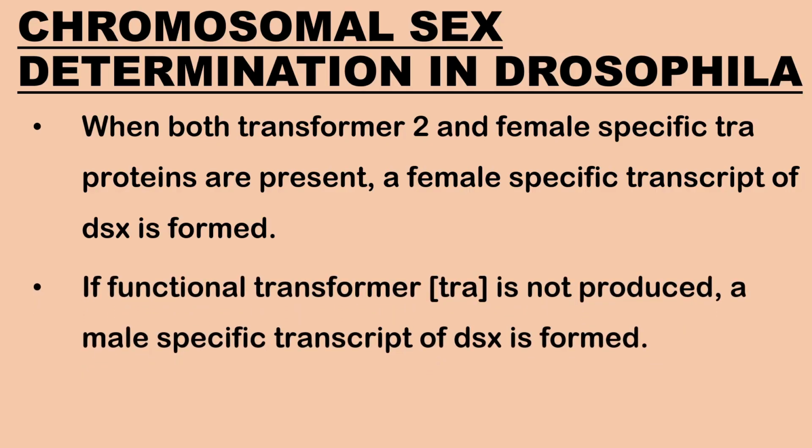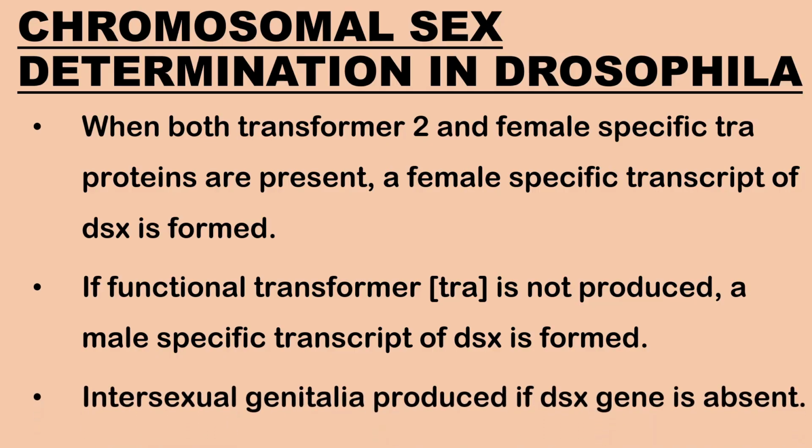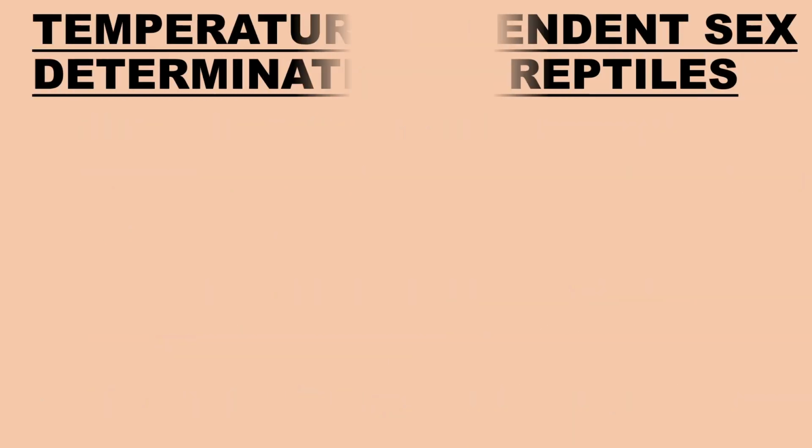If functional transformer TRA is not produced, the transcript encodes a protein that inhibits female traits and a male specific transcript of DSX is formed. If the DSX gene is absent in both XX and XY flies, intersexual genitalia are produced.